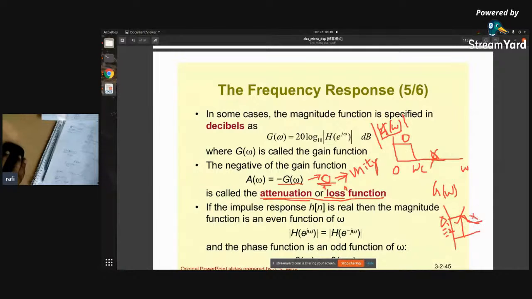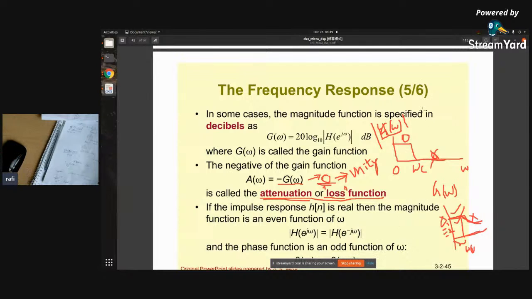For example, if you send x of n as 5 cos omega n, when omega is in the range 0 to omega c, it will receive the maximum gain, that is 0 dB. If your input sinusoid is greater than omega c, the signal will get attenuated, so this 5 will become 4 or 3.7, something like that.